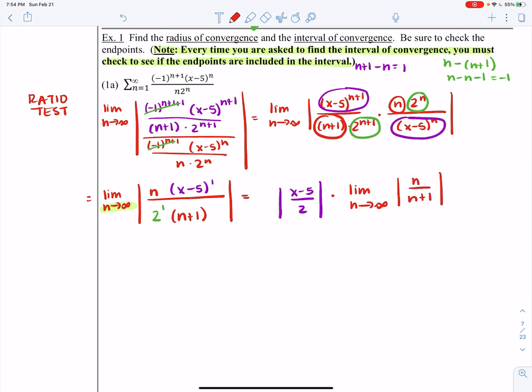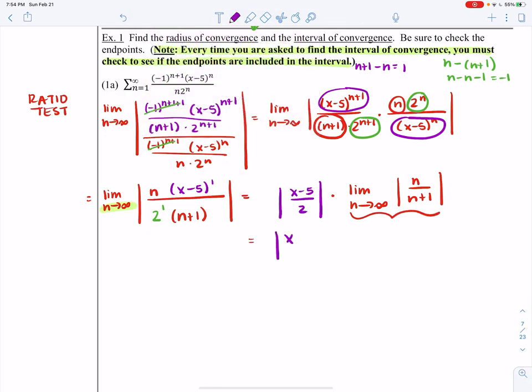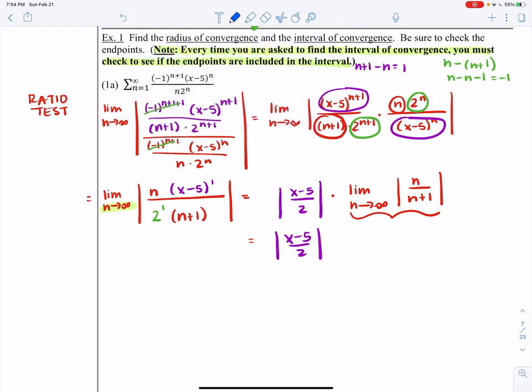So I want you to evaluate this limit, keeping your x minus 5 over 2 out in front. Because of the exponents being the same, divide coefficients, this is going to produce a limit value of 1.